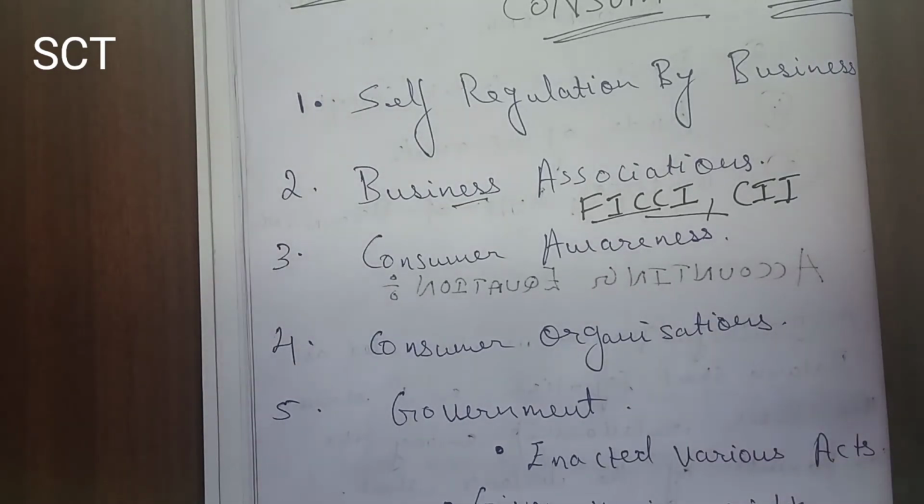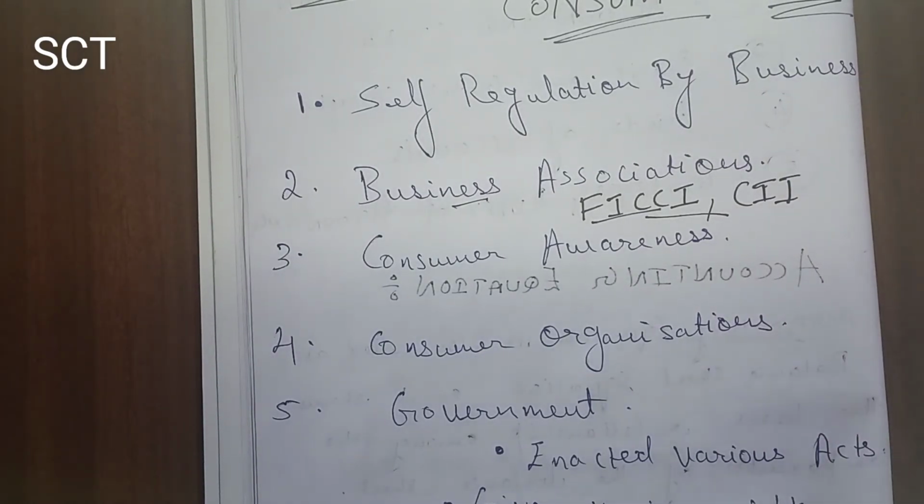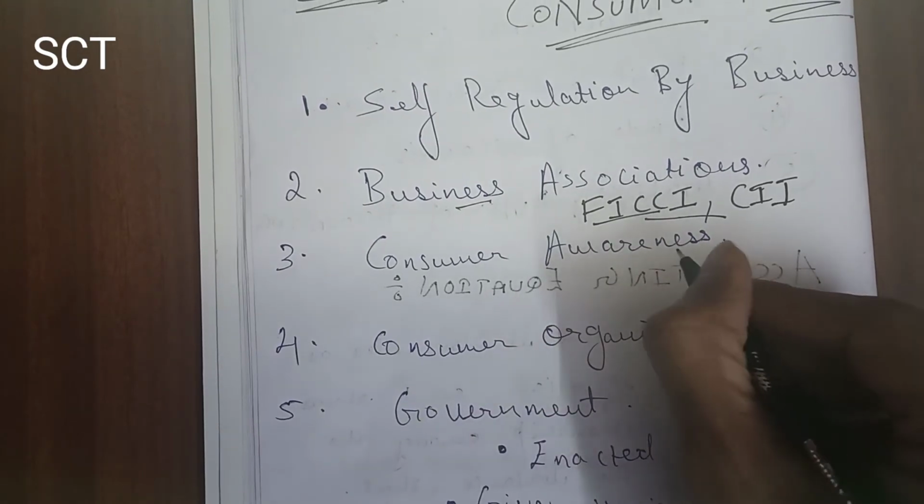And in addition, if the customer is aware about the responsibilities which he has to discharge at the time of purchase of a particular good or product, this awareness of his responsibility will automatically reduce the extent of exploitation to a greater extent. So the third point talks about that.